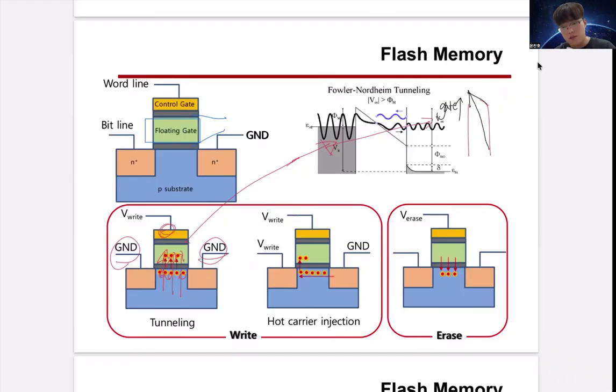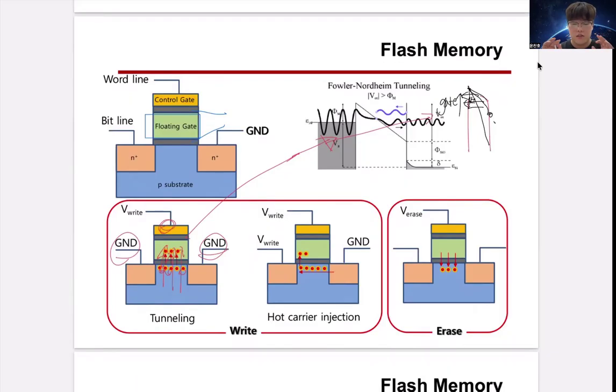As you can see in this diagram, the barrier in this area becomes very thin, so the electrons in here can tunnel through this area. This is the first method of writing, and the second is hot carrier injection.